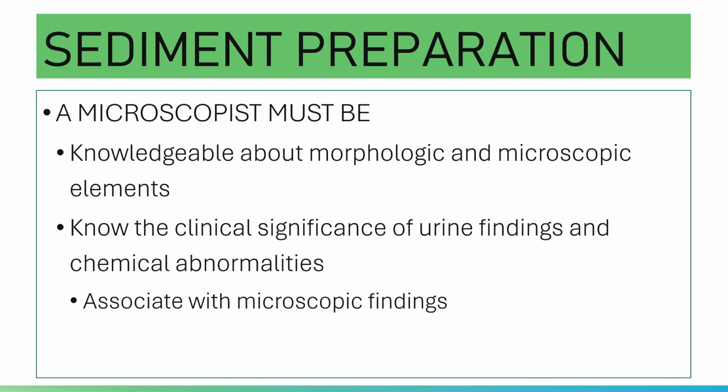What are those? They must know the morphology of your epithelial cells, your red cells, your white blood cells, your crystals, your casts, as well as other organisms like yeast and bacteria that may be seen in the urine.